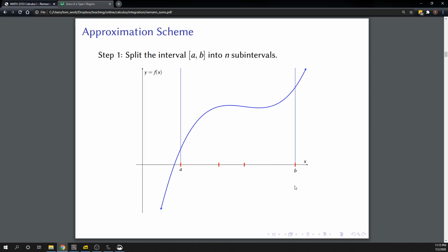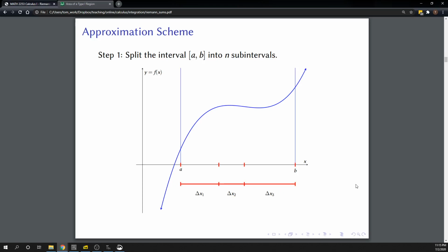Most people ask, well, don't you make them all the same length? And the answer is Riemann showed that you don't have to do that. But they do have to get smaller and smaller. In other words, the maximum width has to go to 0 the more rectangles you use.